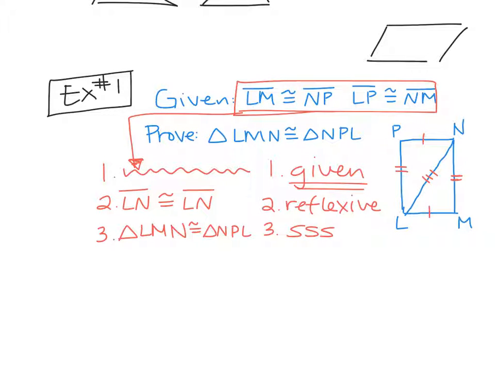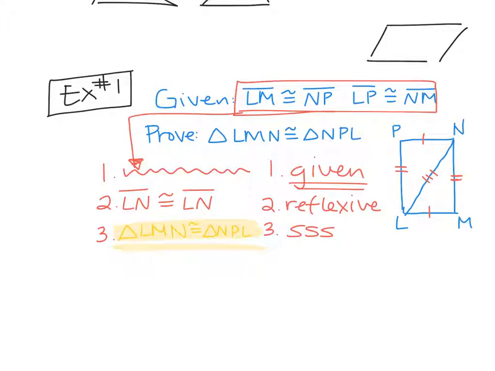When you see triangle congruence as your step, triangle something congruent to triangle something, it will always be SSS or one of the other 3-letter postulates that we're going to do. So there's SSS, SAS, ASA, AAS, and then there's HL, which is only 2 letters. It will always be one of those 5 when we say triangles are congruent. So keep that in mind: when it says triangles are congruent, you need a triangle congruence postulate, okay?